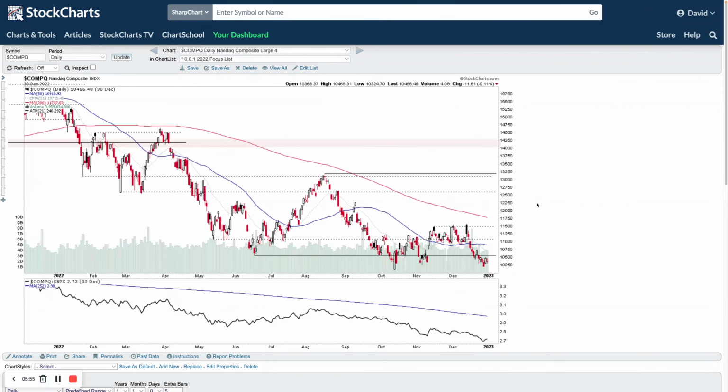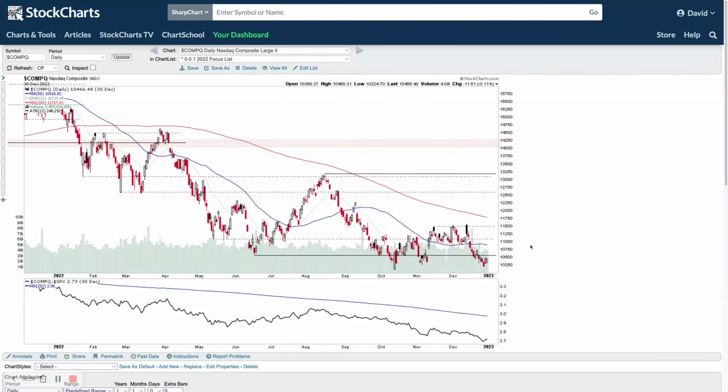So that composite obviously encompasses 4,000 stocks. It's a big index, one of the major indexes in the market, alongside the NYSE that we follow. Both of those together give you a really good idea of what's going on in the market overall. But this is much more heavily weighted in the tech stocks, healthcare, and those kinds of areas, whereas with the NYSE you get much more financials, industrials, materials.